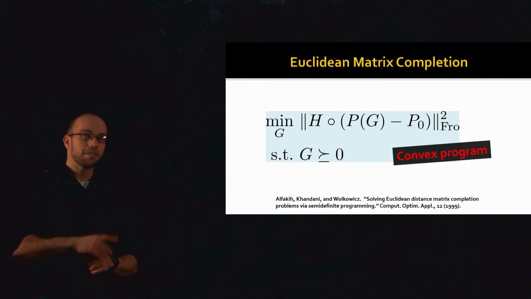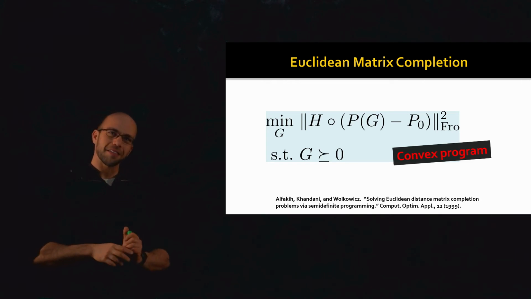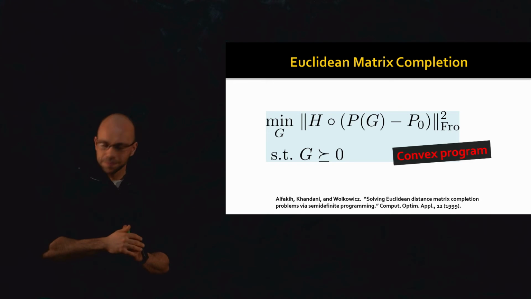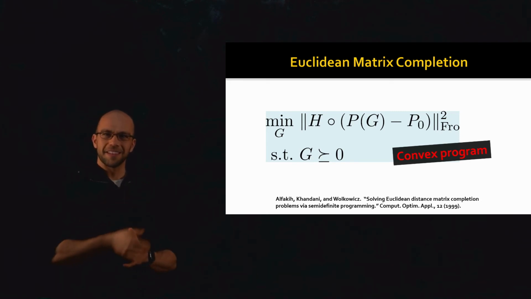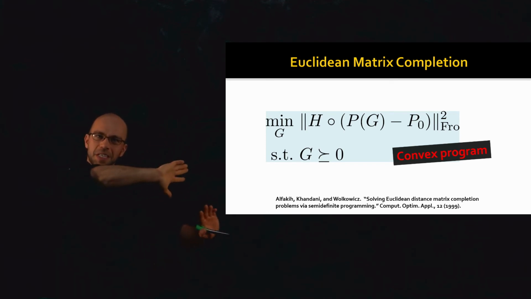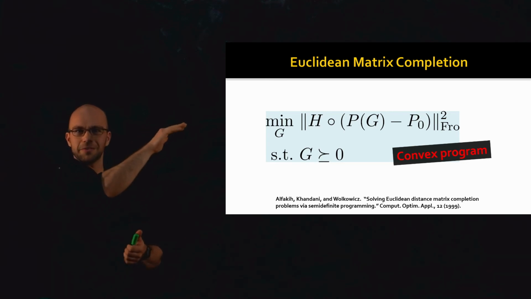If you think about the objective, what it's saying is, P naught is a bunch of squared distance values. And then every once in a while, there's a missing element, in which case H is 0, so it's going to zero out that term in the Frobenius sum. I'm trying to basically bring P of G and P naught as close to one another in the entries where I have interesting information.